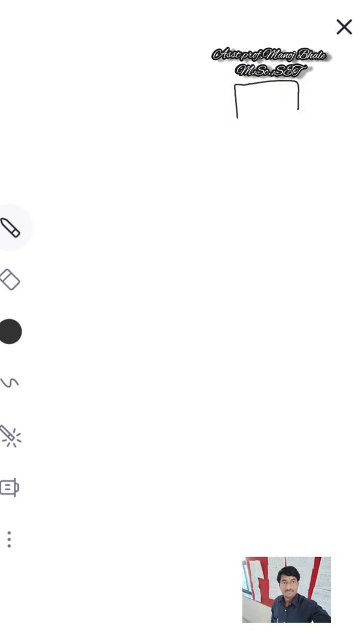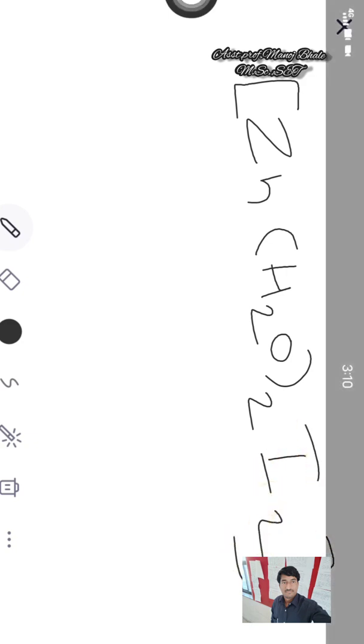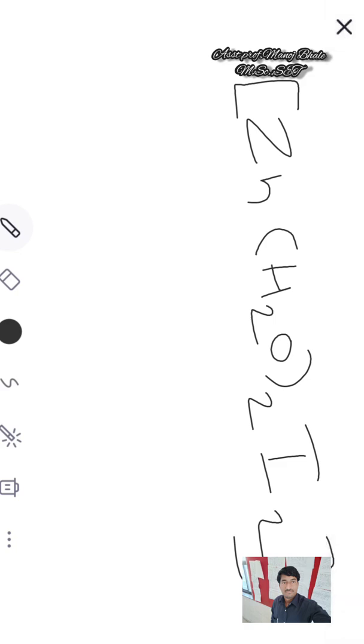Inside the square bracket there is zinc, Zn, with 2 water and 2 iodine. So this is a complex.